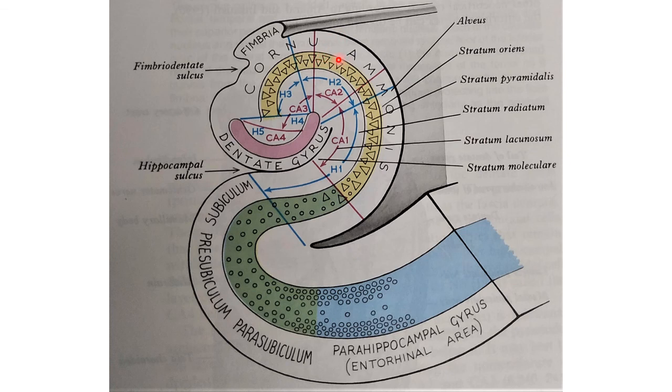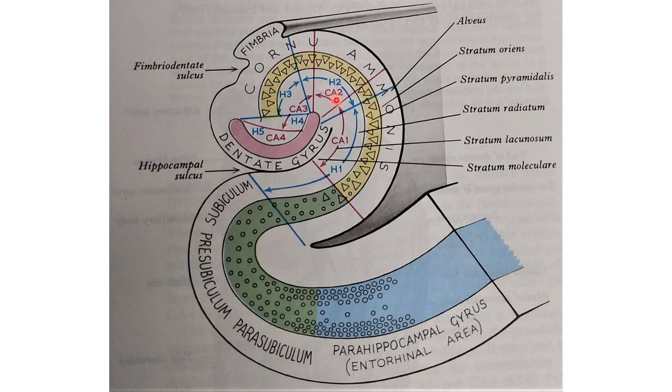Some of the collaterals from the axons of CA3 make synapses with the dendrites of CA1. Those axons are called Schaffer's collaterals. Then CA1 is continuous with the subiculum. What happens to CA2?